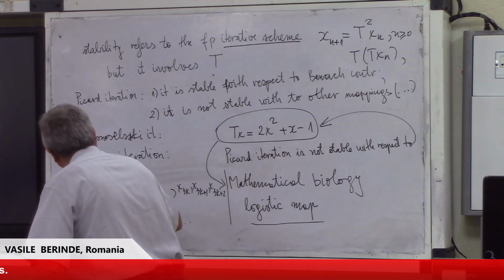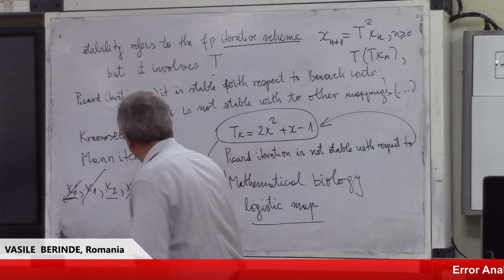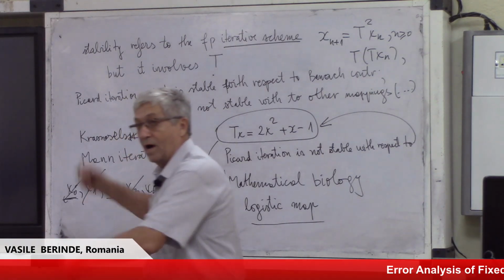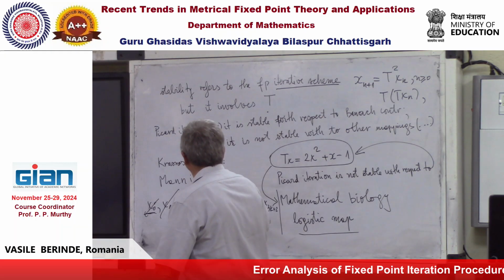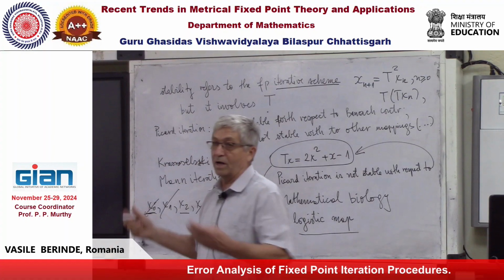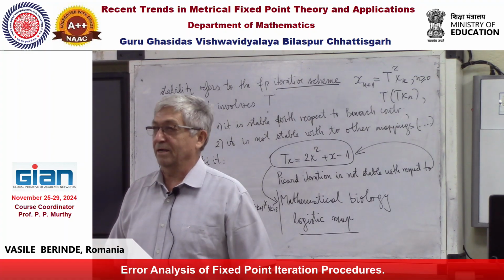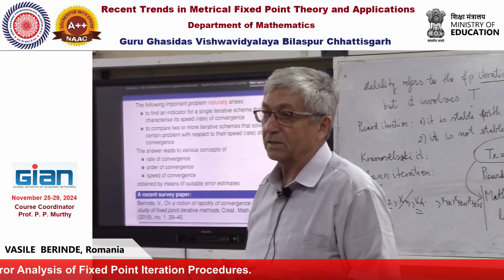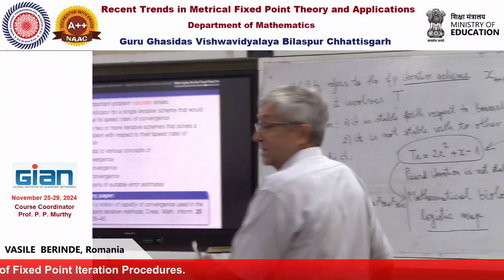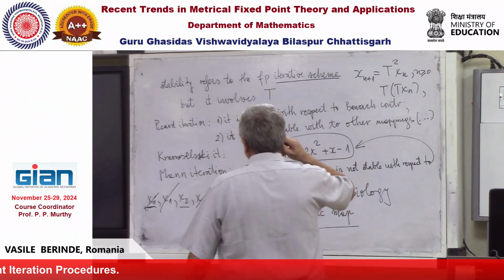So our iteration will be x0, x2, x4, and so on. If it's T³, it will take x0, x3, and so on. And normally it will be faster. But this is not a real and interesting result. Yes, it's a subsequence which converges faster.